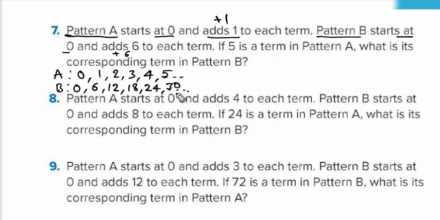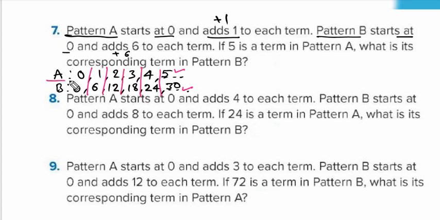So the corresponding term in pattern B will be 30, right? Now it did not ask the relationship. If it asks you the corresponding relationship, it just simply asks you if here it is 5, what will be here?